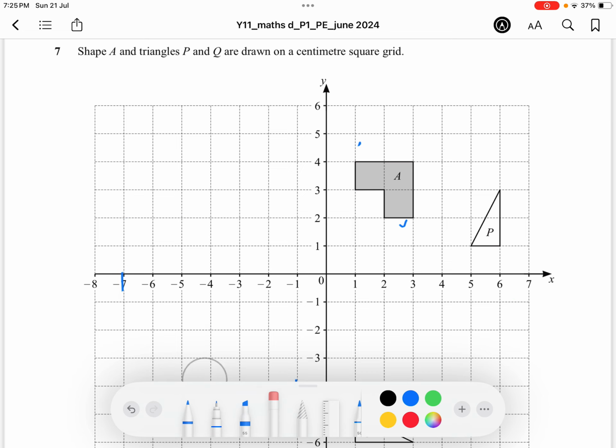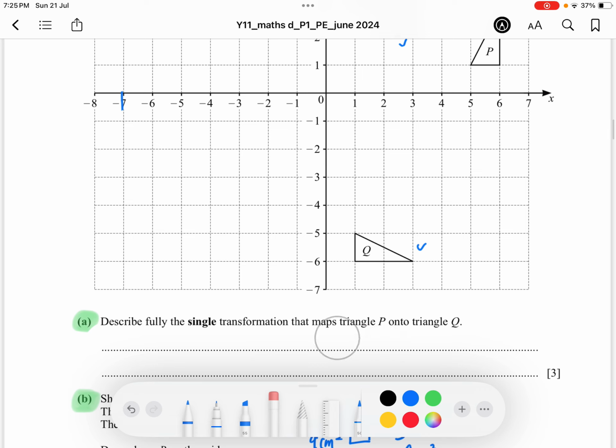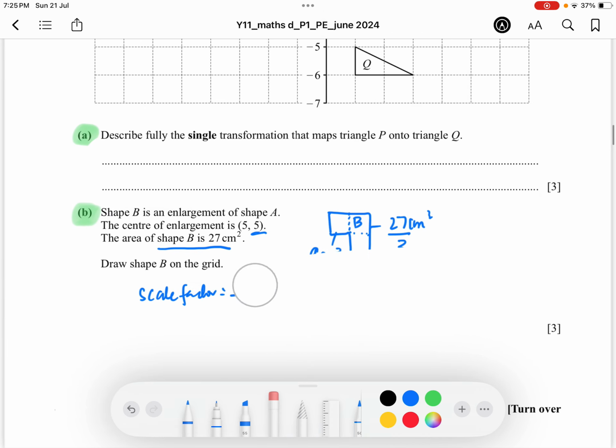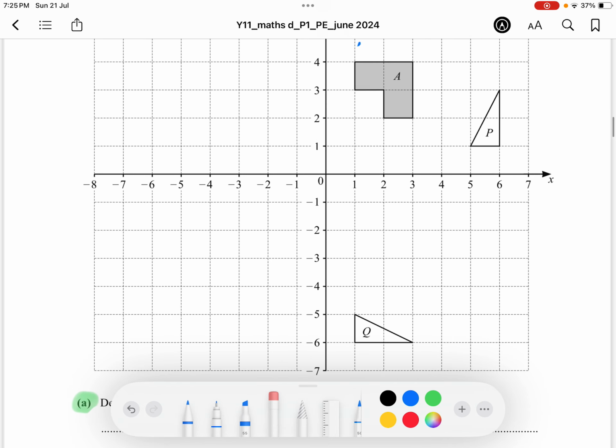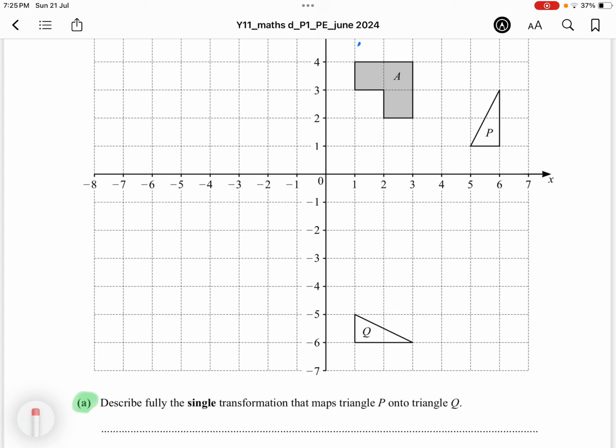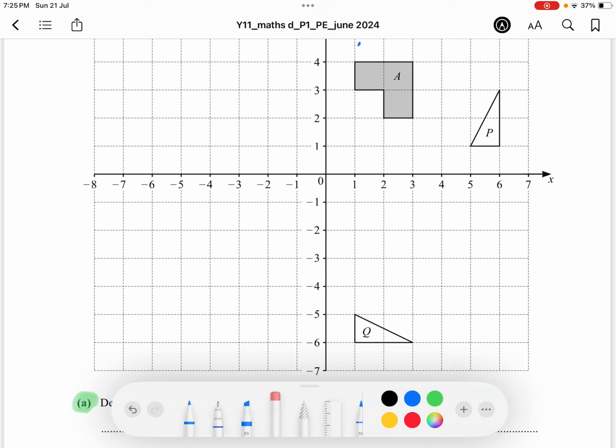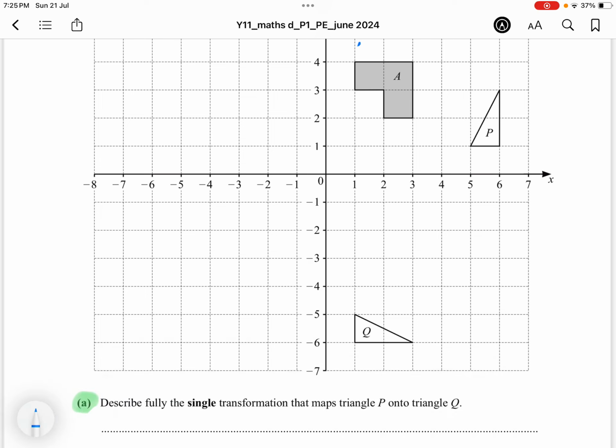Let me erase this one as well. Okay. So this next one here, the question is asking to describe fully the transformation that maps triangle P onto triangle Q. So P onto Q, so definitely not enlargement, definitely not translation.